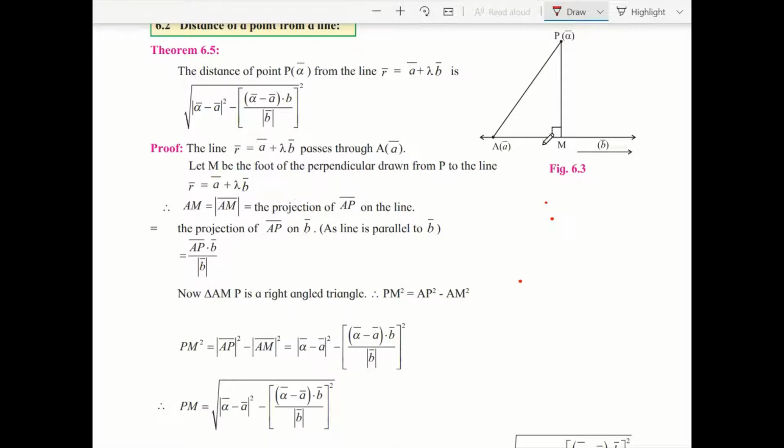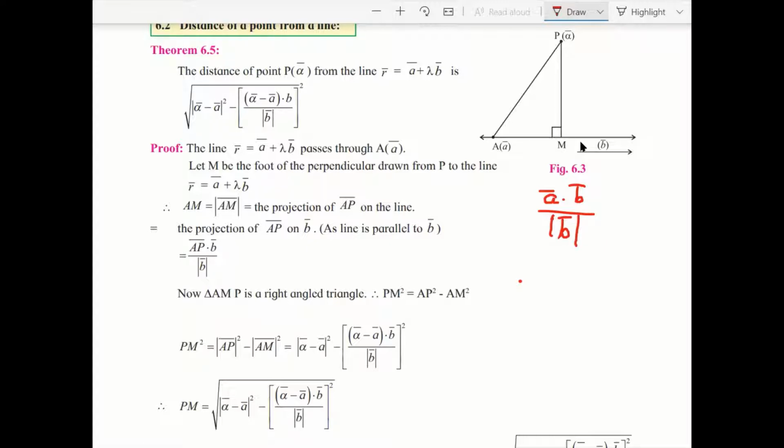So in this case, we say that length AM is the projection of AP onto the line. That means length AM is the projection of AP bar on b bar. Now remember your projection formula in this case. If we have two vectors a bar and b bar, the projection of a bar on b bar is given as a · b upon |b|.